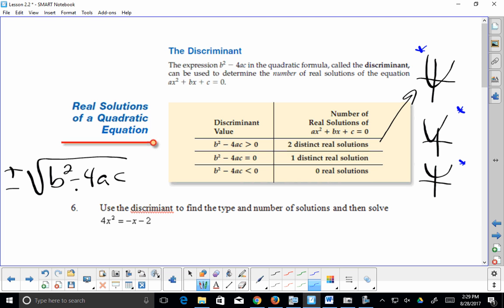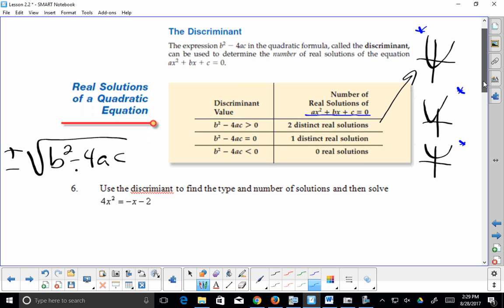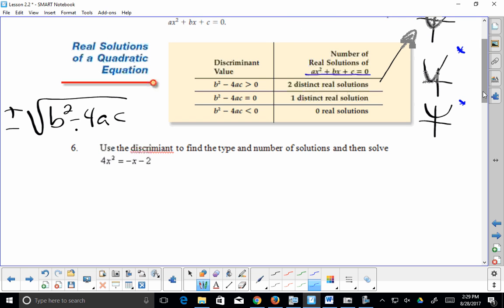So it has to be in ax squared plus bx plus c equals 0 form to start. And then when I'm trying to find the number of type of solutions, all I use is the b squared minus 4ac. So we set it equal to 0.